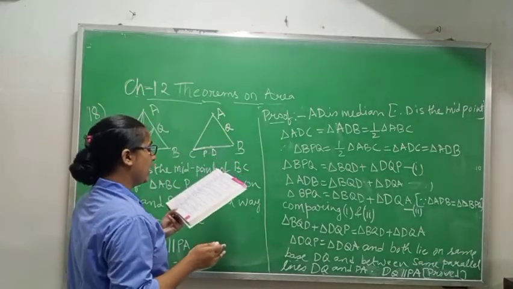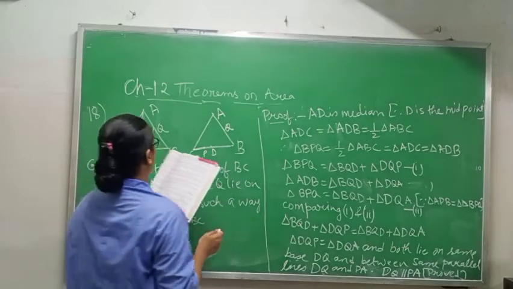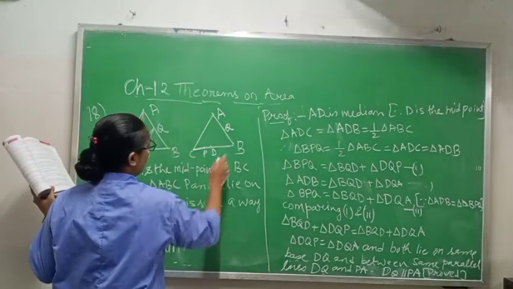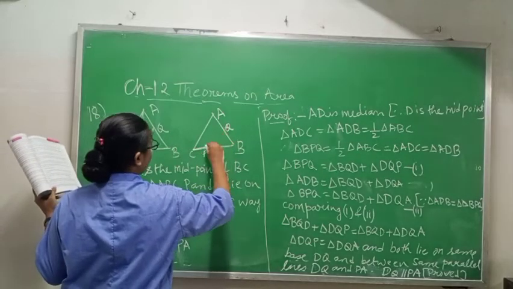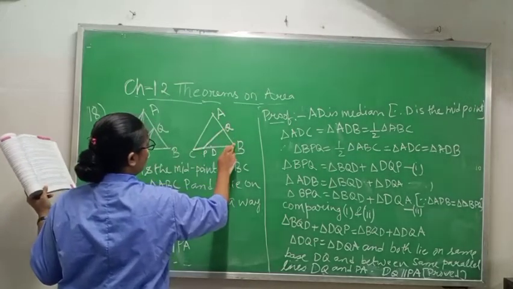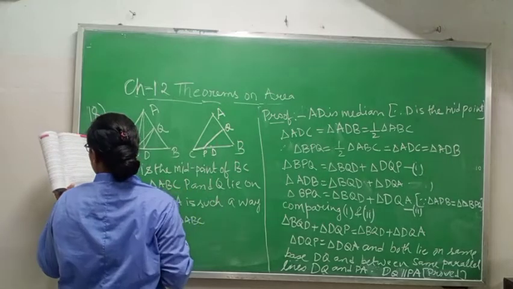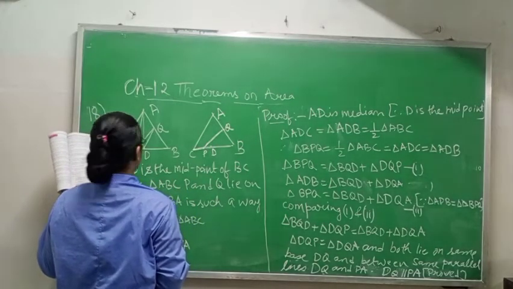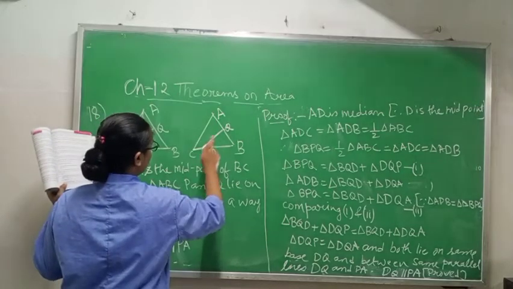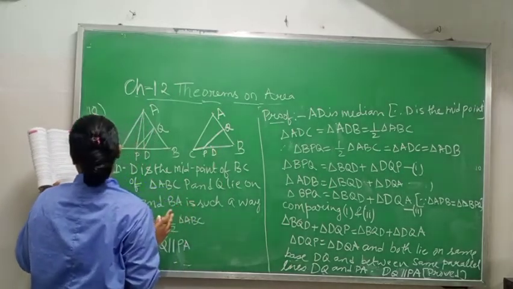In such a way that triangle BPQ, you have to join this one, triangle BPQ is equal to half of triangle ABC. This BPQ triangle will be half of triangle ABC.